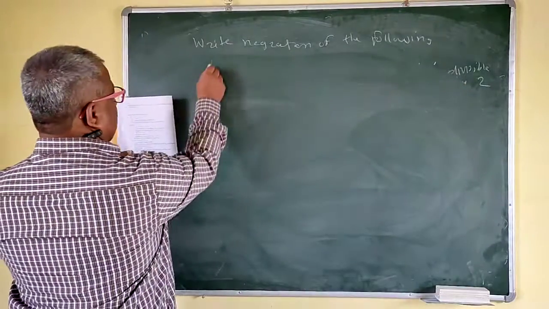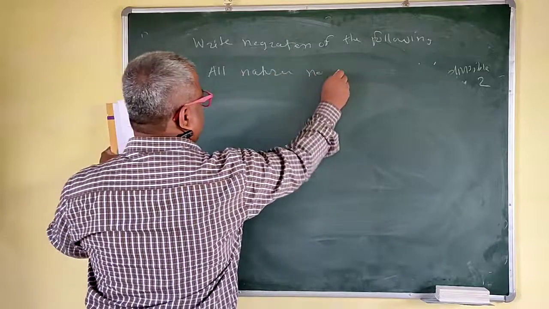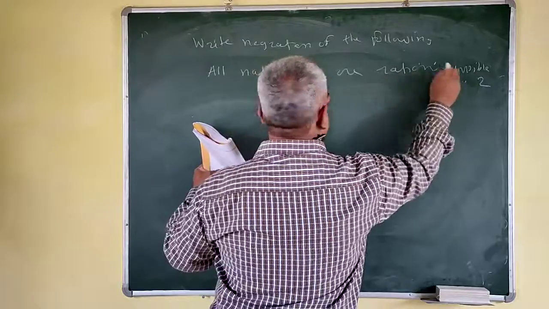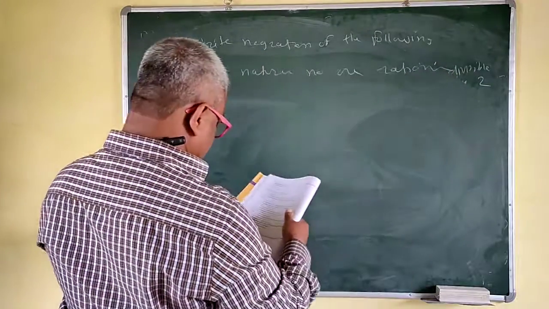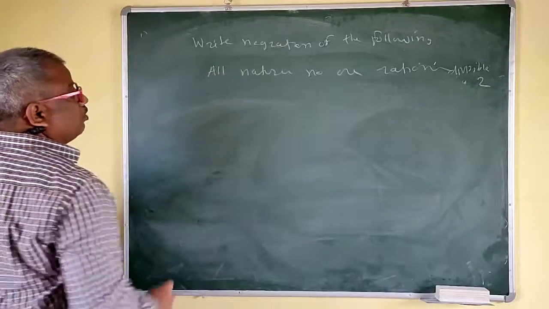All natural numbers are rational numbers. How can I write the negation of this one?